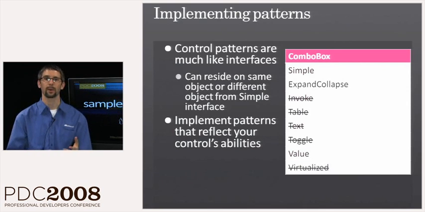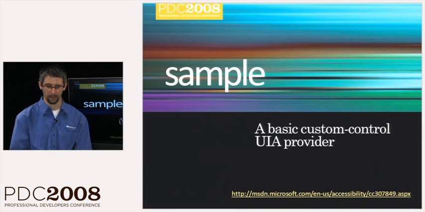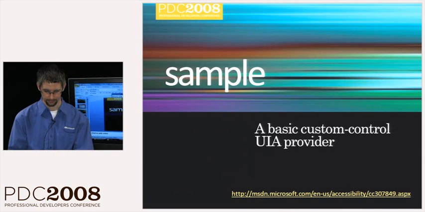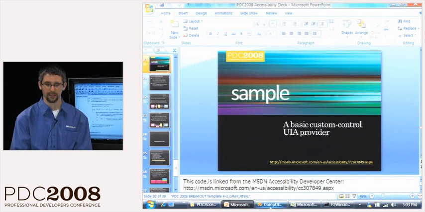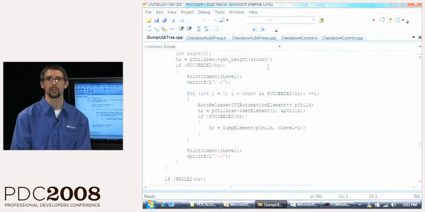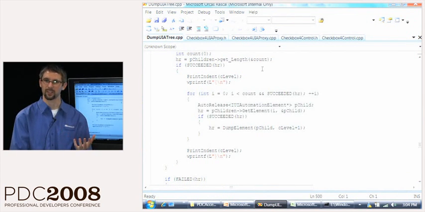So let's take a quick look at what this looks like. As I said, this is up on MSDN. The name of the game here is we've got a custom checkbox control. It's not particularly special. There's no reason you would really want to use it, but it's just an example. You've got a checkbox, it's custom, so you need to do accessibility for it.